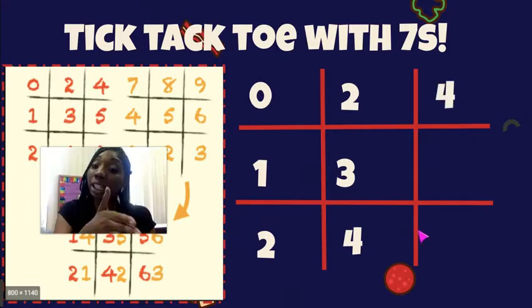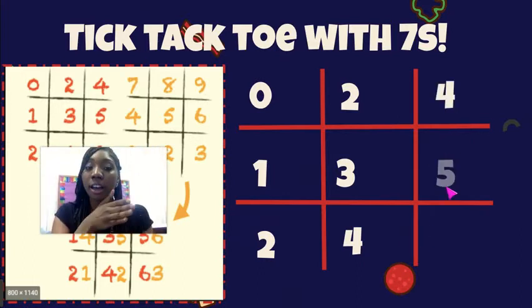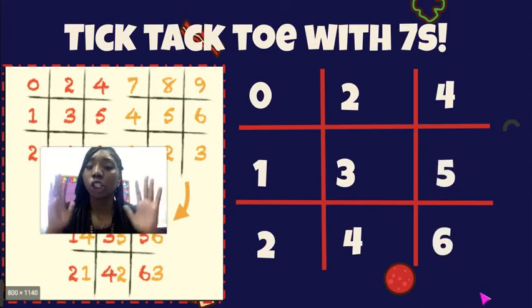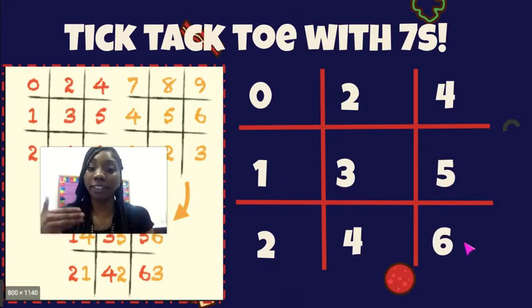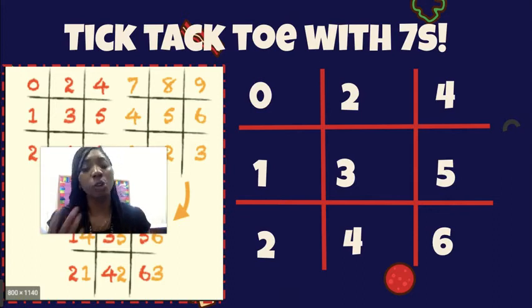Now I want you to go to the last column and you're going to write 4, 5, 6, just like that. So now in your notebook you should have 0, 1, 2, 2, 3, 4, and 4, 5, 6. And this could be done in your notebook or on your whiteboard, whatever you have in front of you, okay?